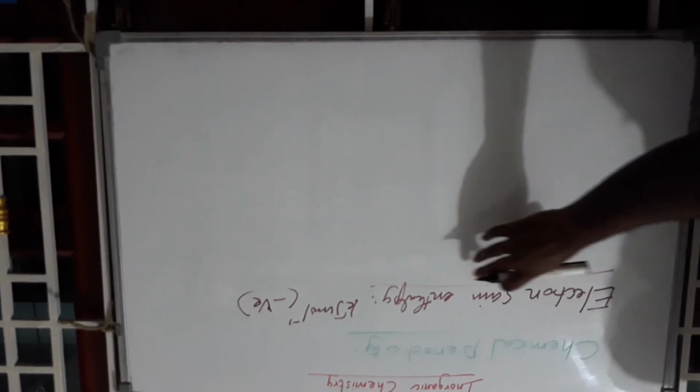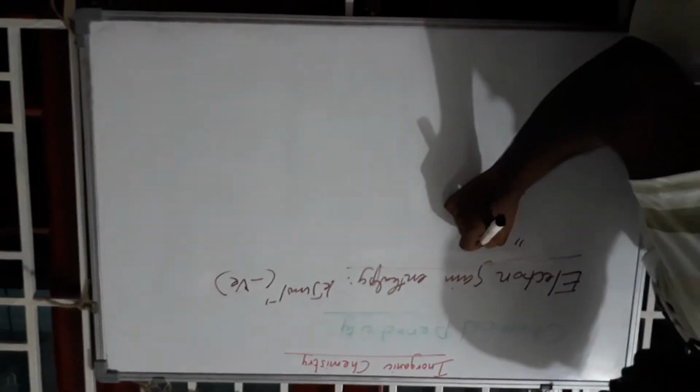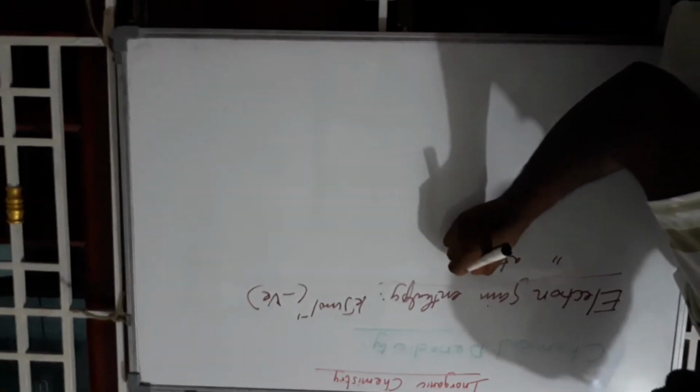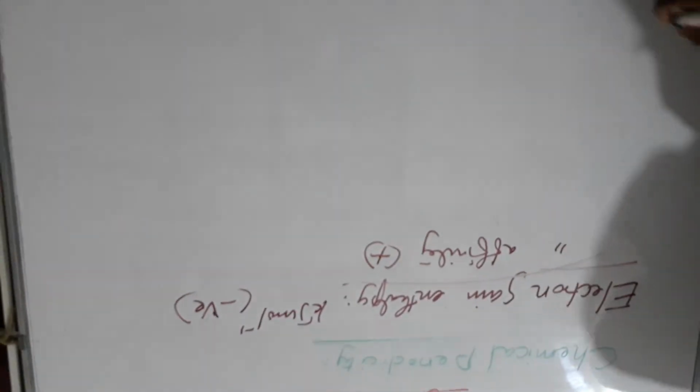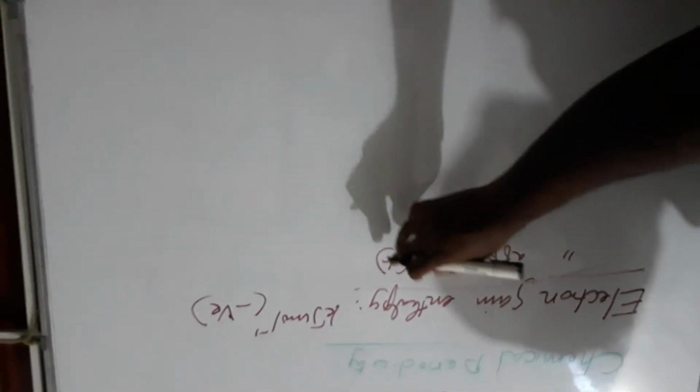Electron gain enthalpy is negative, but electron affinity is positive. So a higher electron affinity means it should be positive.